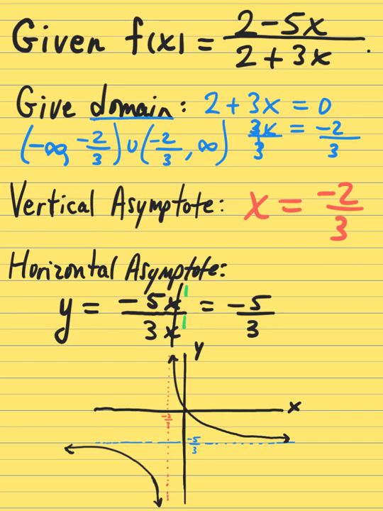And a lot of times, if you think of trying to put two magnets together with the same poles facing each other, how they repel one another, that's kind of like a vertical asymptote.